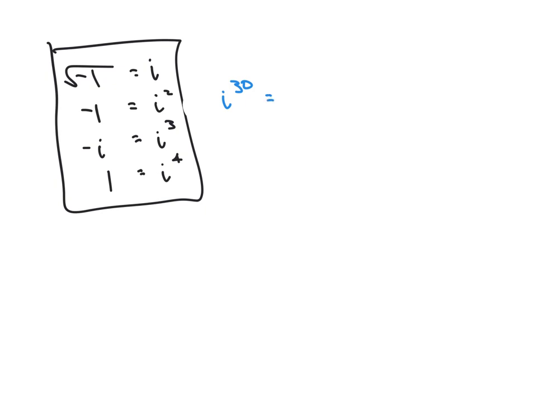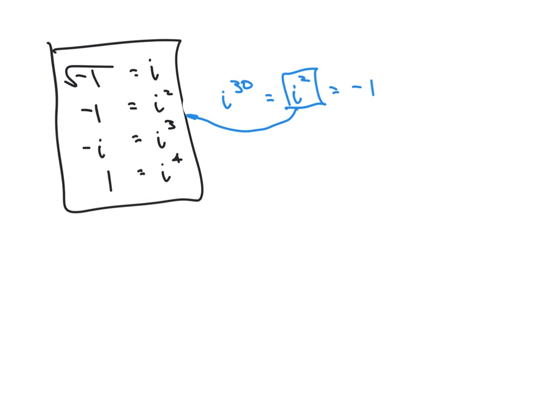So 4 goes into 30 how many times? 7 times, with how many left over? 2. i squared equals -1. Therefore, i to the 30th equals -1.